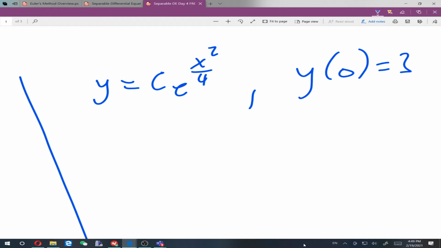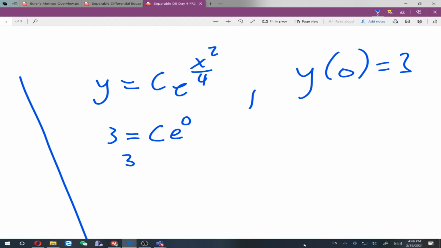It would be y at 0 is equal to 3, 3 is equal to c e to the x squared over 4. What is x? Oh, 0. Okay, so this will be 3 equals c e to the 0 power. What is anything raised to the 0 power? 1.